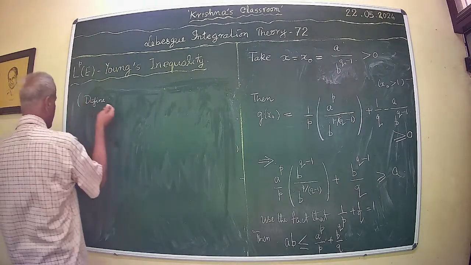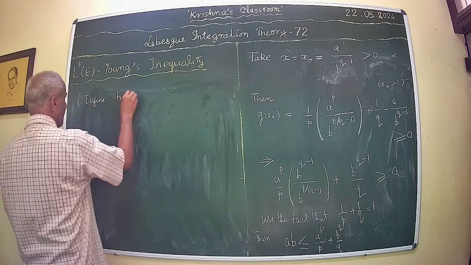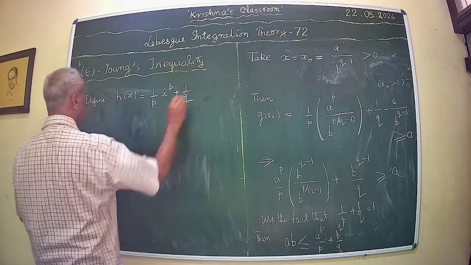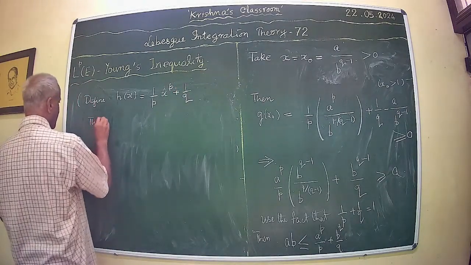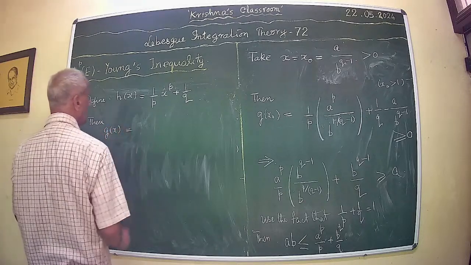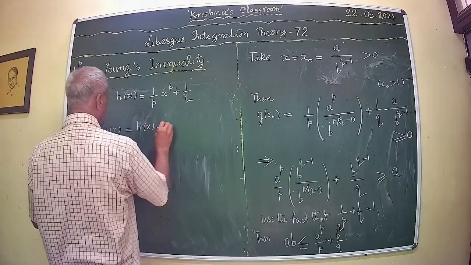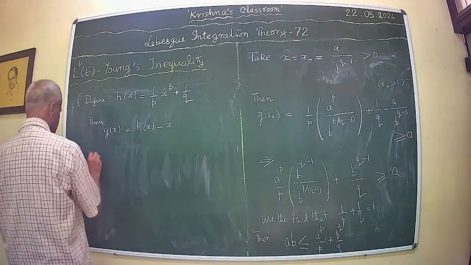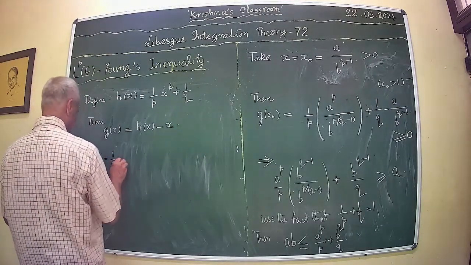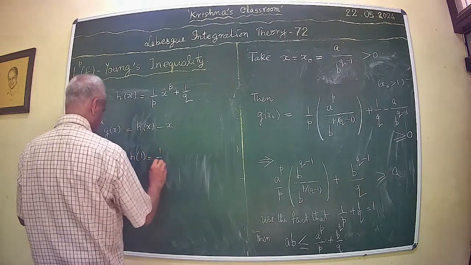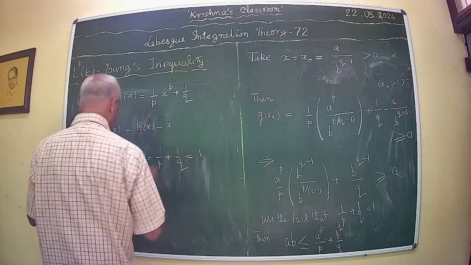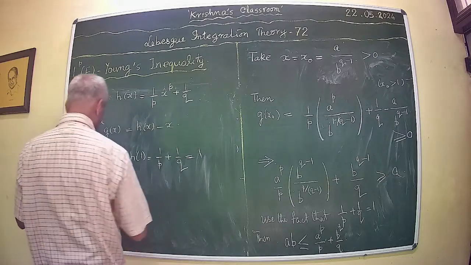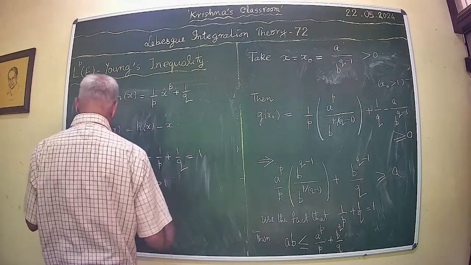Now define hx equal to hx minus x. Now you see that h0 is What is the reason?